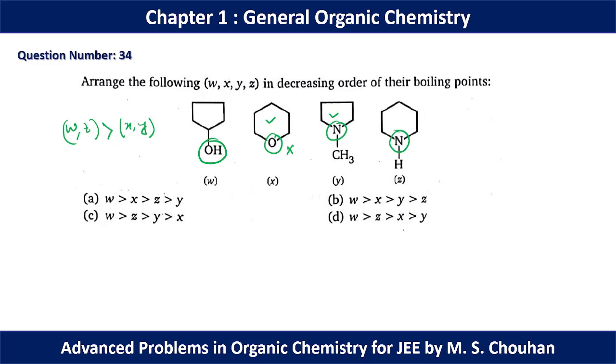So between X and Y, we have X greater than Y. Now if we compare W and Z, W should have a higher extent of hydrogen bonding, because the more the electronegativity, the stronger the hydrogen bonding, and if the hydrogen bonding is stronger, it will have a higher boiling point. So between W and Z, W is greater than Z due to the higher extent of hydrogen bonding due to the presence of a more electronegative atom. So for question number 34, option D should be the correct option.